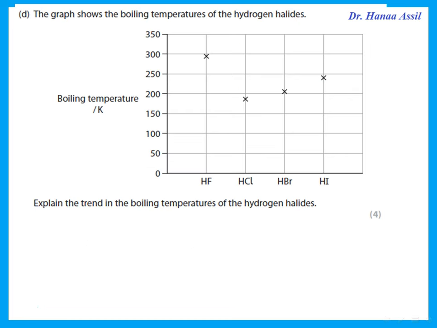Then he says the graph shows the boiling temperatures of hydrogen halides. Explain the trend in the boiling temperatures of the hydrogen halides. So we have HF, HCl, HBr, HI. Obviously, HF is the highest, and you should realize that HF is the one that makes hydrogen bonding between the molecules.